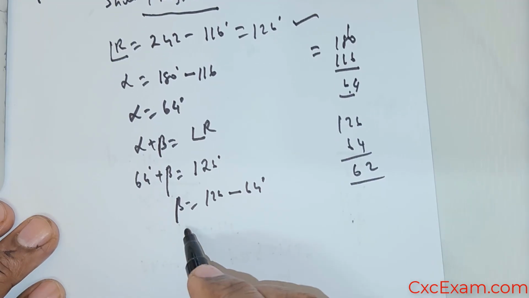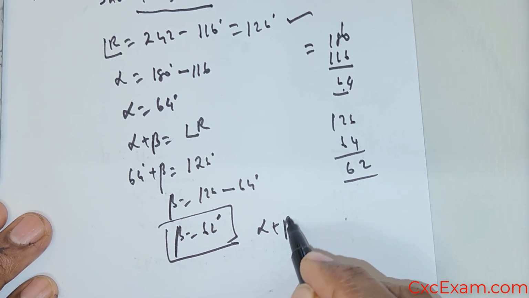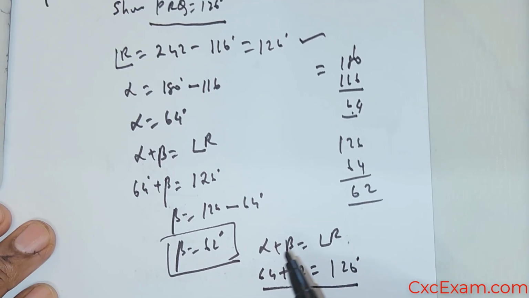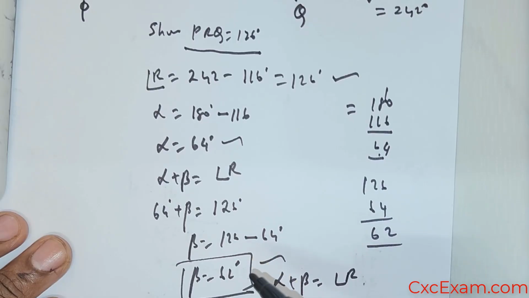So beta is equal to 62 degrees. Now alpha added with beta should produce R. Check that. So 64 plus 62 is equal to 126 degrees. So this is correct.